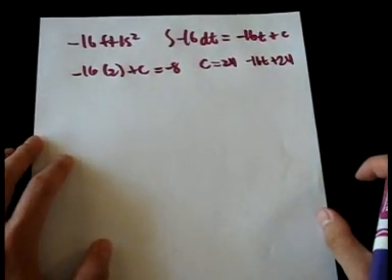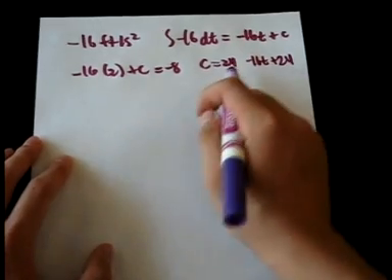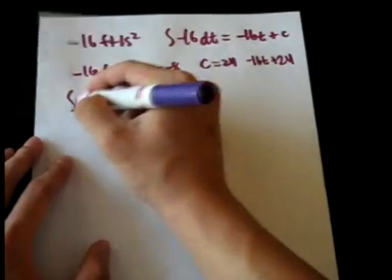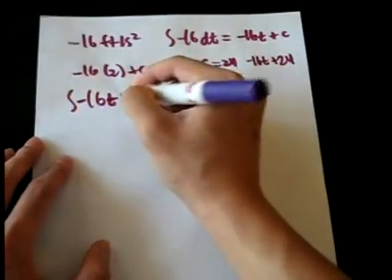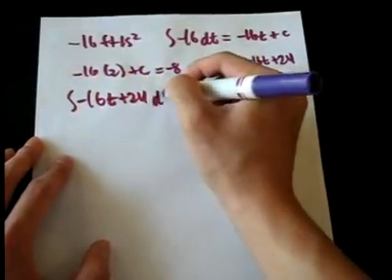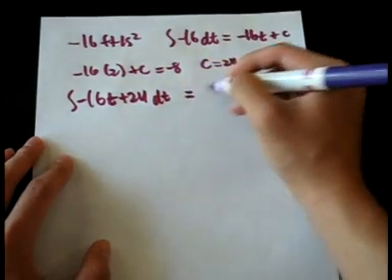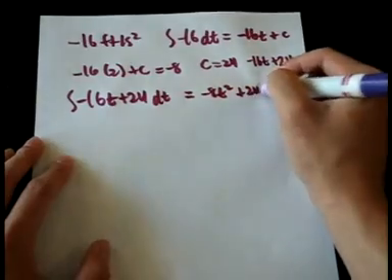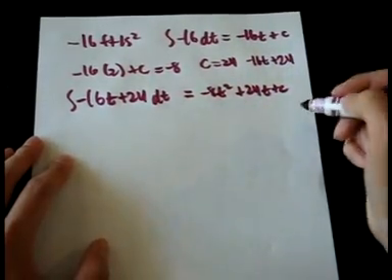To get the position function, all you need to do from here is take the antiderivative of the velocity function, which would equal negative 8t squared plus 24t plus c.